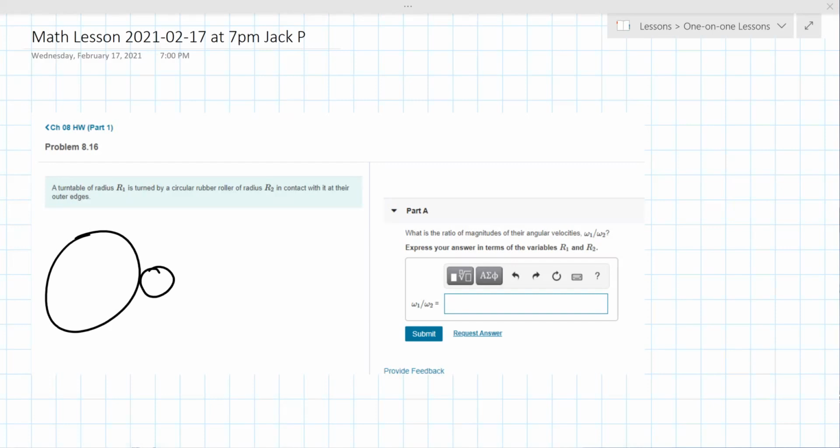I like physics, but I have no idea why this is an interesting problem in physics.